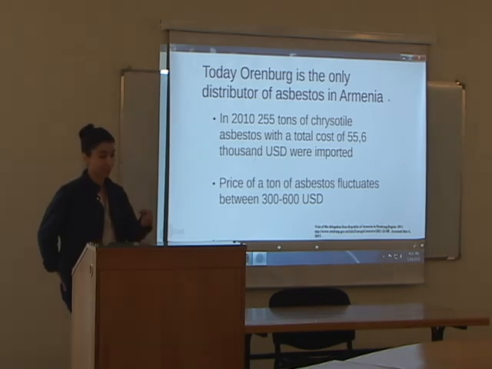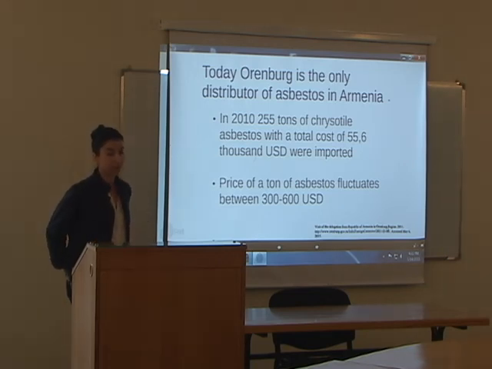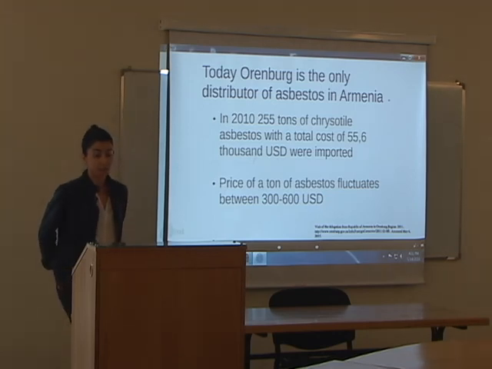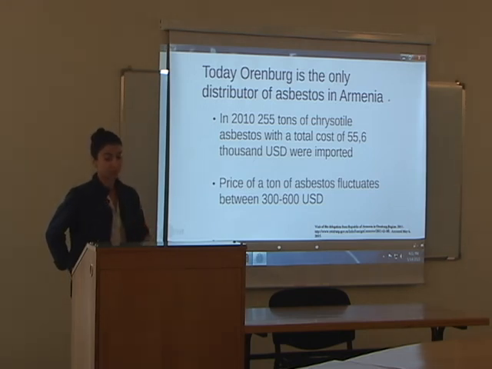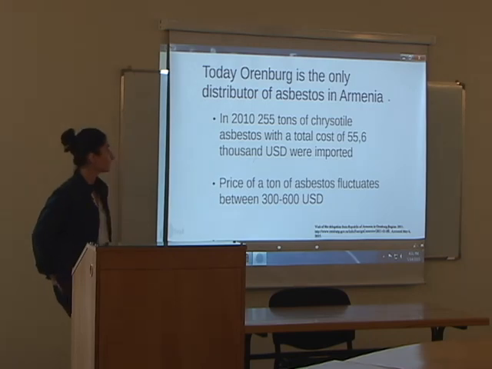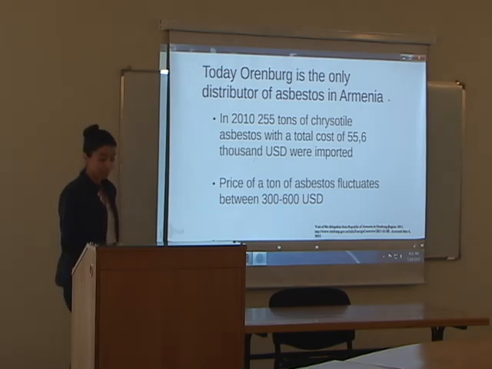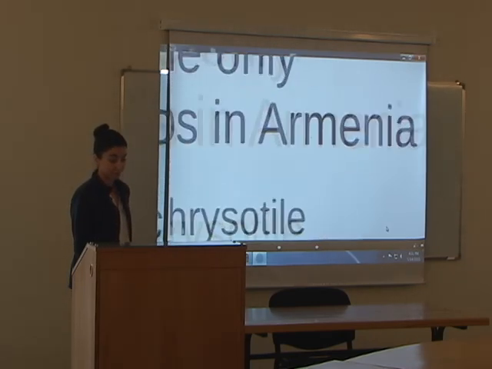So you can calculate that 1 ton of asbestos costs around $220. But different sources confirmed that the cost of 1 ton fluctuates between $300 and $600. It is a very cheap product.